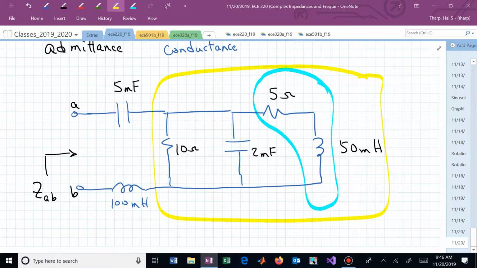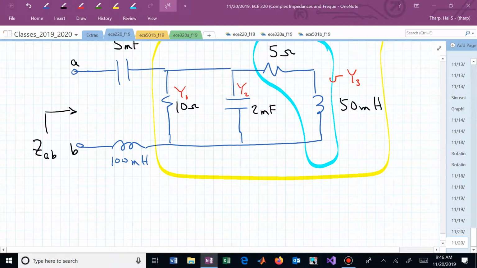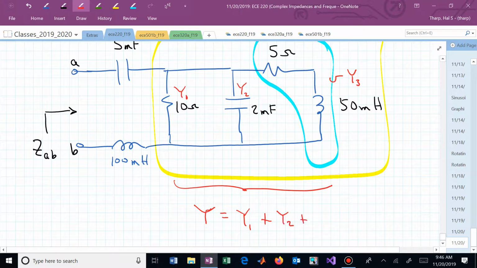And if we called this branch, oh, that has an admittance of, let's label it as Y sub 1. This is Y sub 2, and this blue one is Y sub 3. Then the total of this, admittance-wise, is Y1 plus Y2 plus Y sub 3.